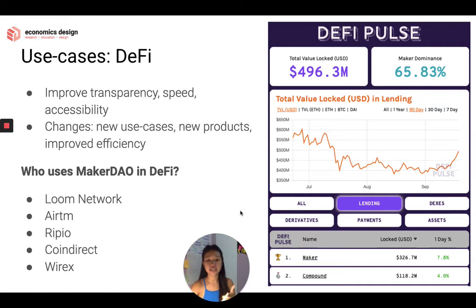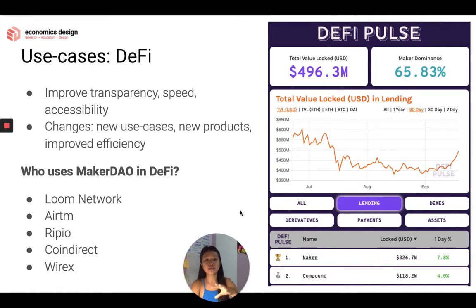We've got lending, DEXs, like decentralized exchanges, derivatives, payments, and assets. Maker is in the lending industry. Maker's dominance fluctuates. In the couple of days that I've checked, sometimes it's from 80% all the way to just a little bit over 50%. It moves quite a bit, but it's always number one.